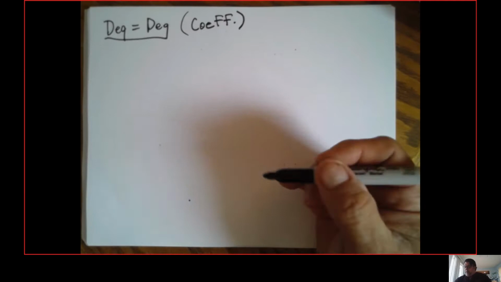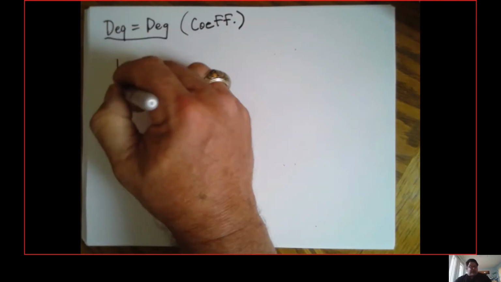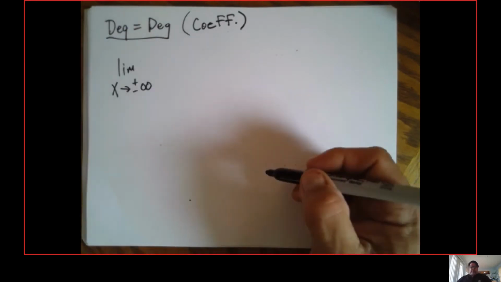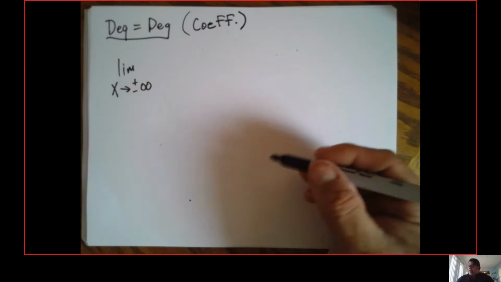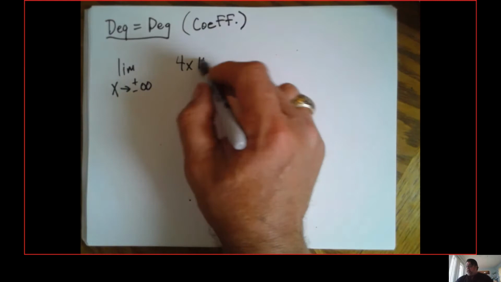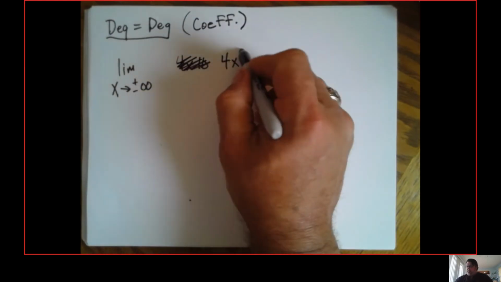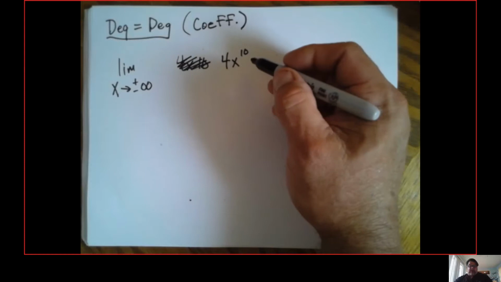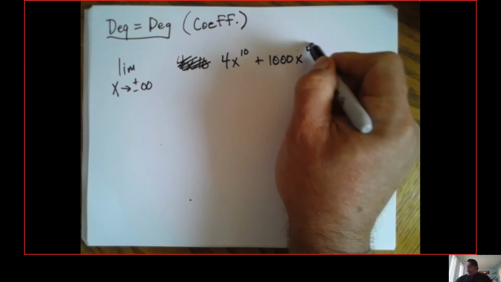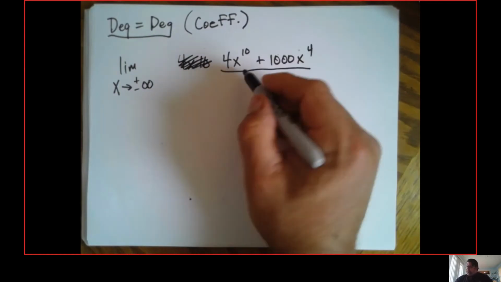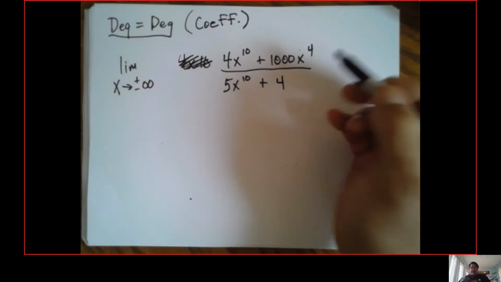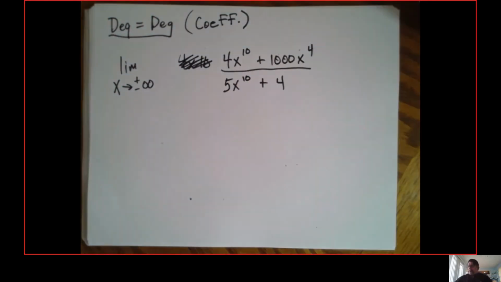So if I give you the limit as x approaches positive or negative infinity, and we're also dealing with infinity now instead of numbers, and I give you 4x to the 10th plus 1,000x to the 4th over 5x to the 10th plus 4.